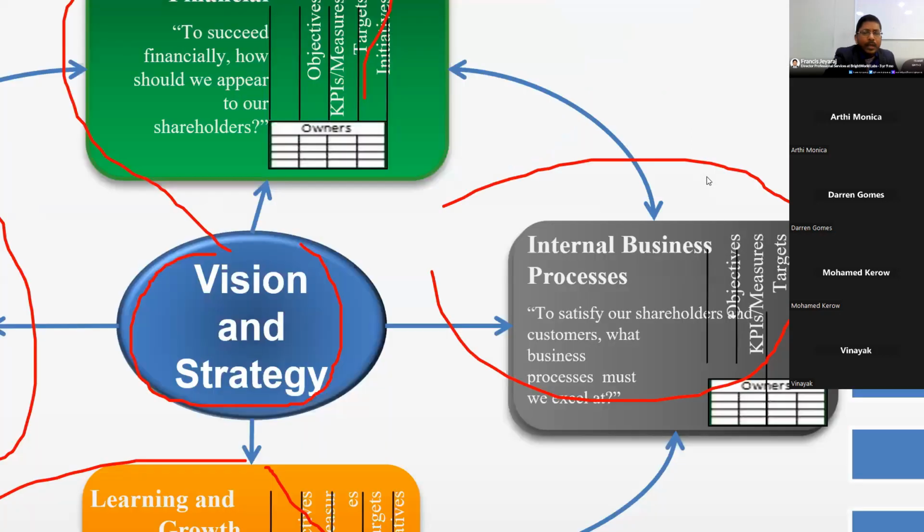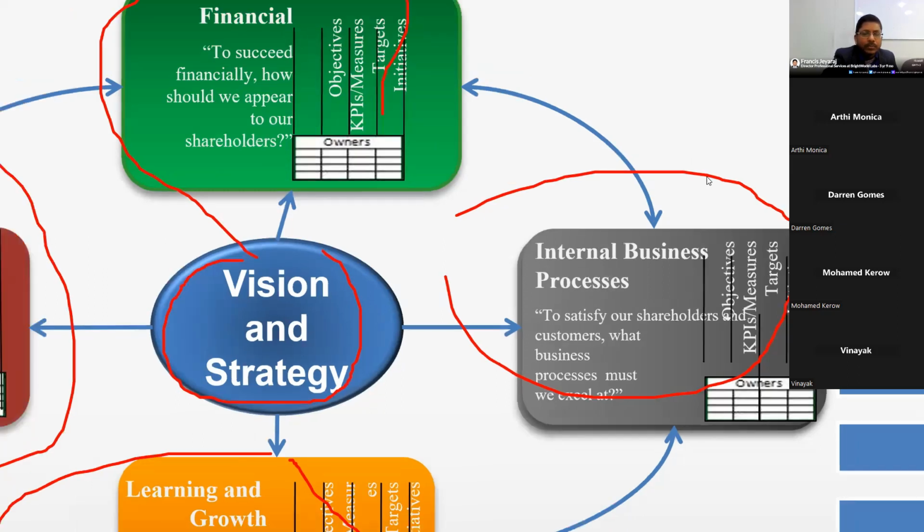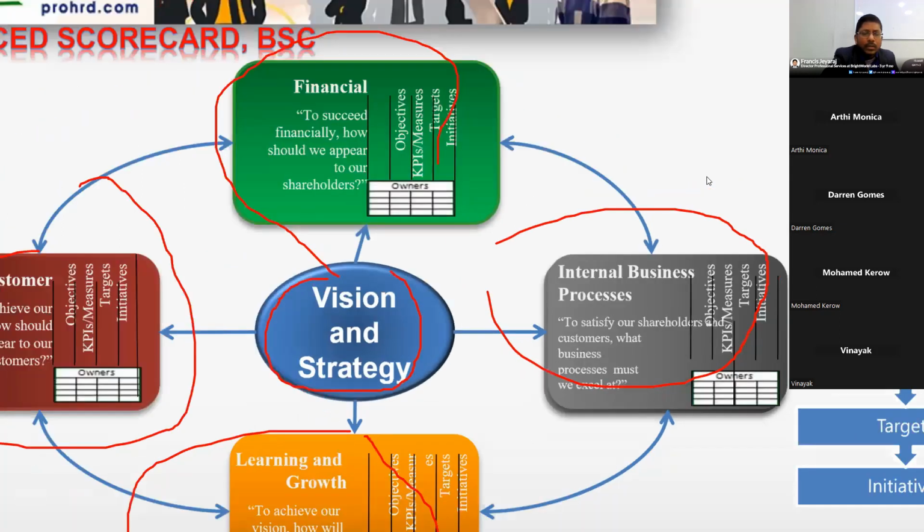Then internal business processes, cycle time. You have to be more efficient, right? To satisfy our shareholders and customers, what business processes must be excellent? For that, what are the specific objectives, KPI measures, targets, and initiatives? Clear? So this is how the scorecard is, a 4 perspective pyramid.